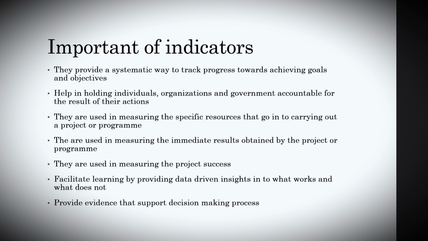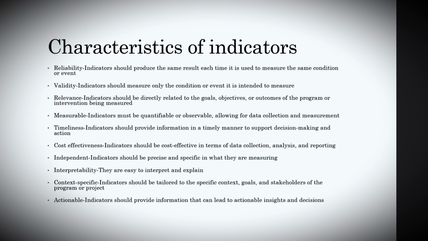Indicators are used in measuring the immediate result obtained by the project or program. They are also used in measuring project success. Indicators facilitate planning by providing data that show us what works and what does not. Indicators provide evidence that supports our decision-making process.